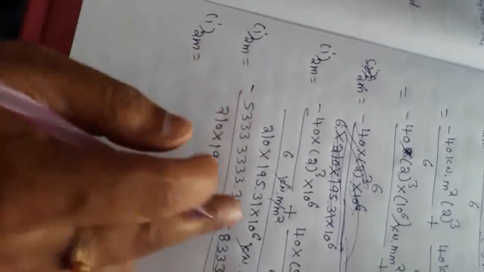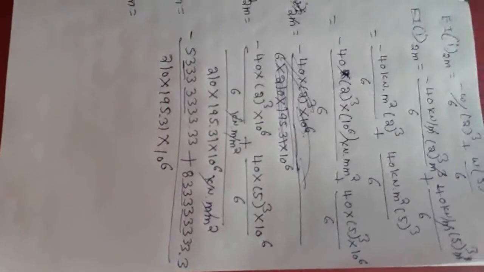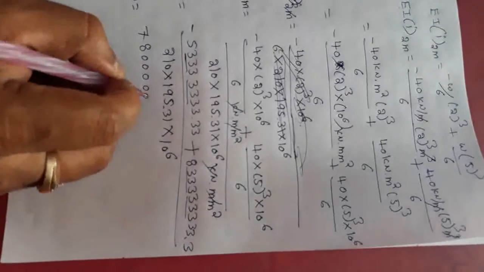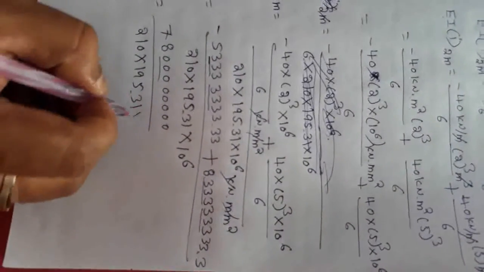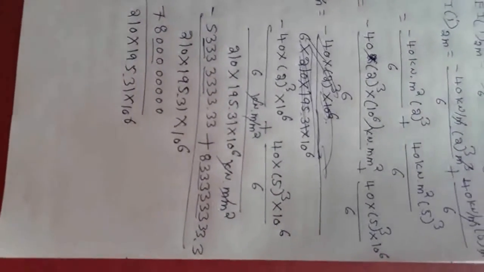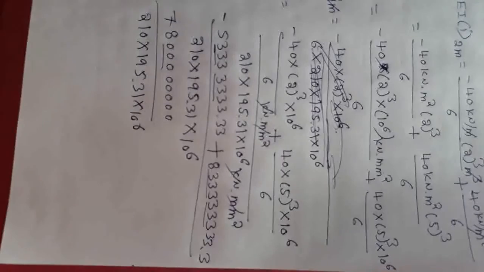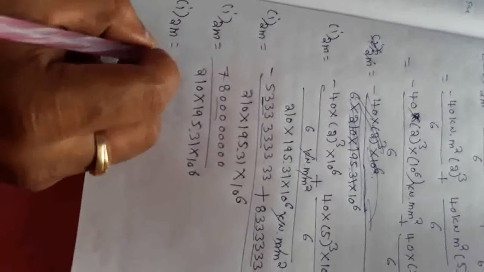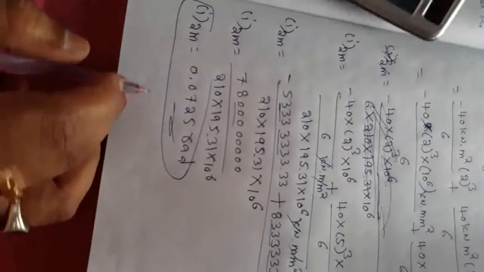So the answer is I at 2 meters equal to 0.0725 radians. So this is the slope at 2 meters.